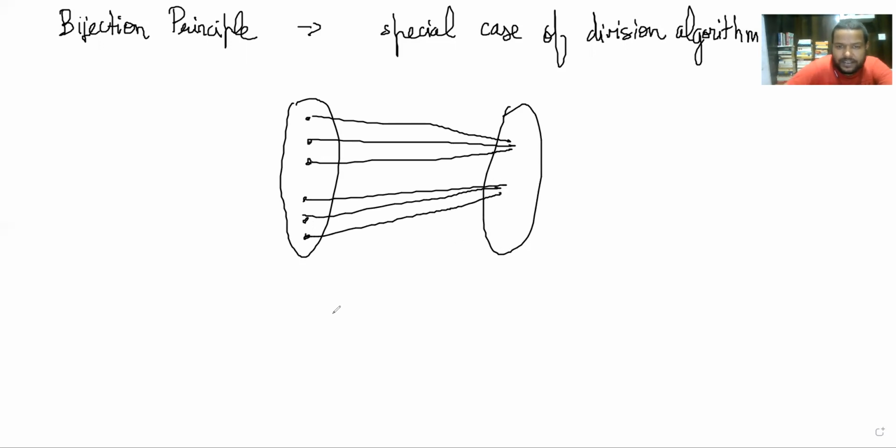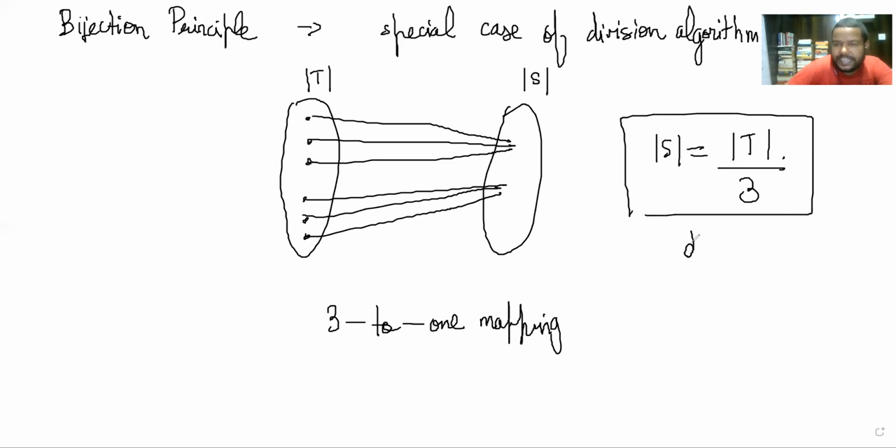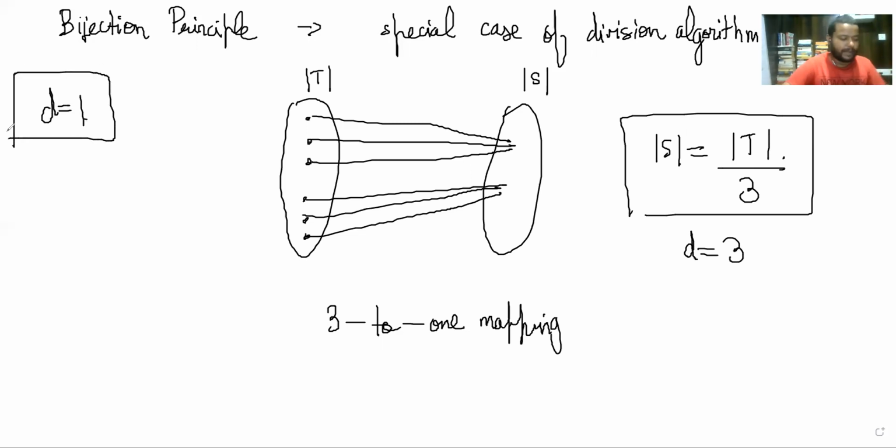So this was a 3-to-1 mapping. And then we could say that if this was mod of T and this was mod of S, then mod of S is equal to mod of T by 3, right? Here D was equal to 3. For the bijection principle, D is equal to 1, and it is a 1-1 onto mapping, right?